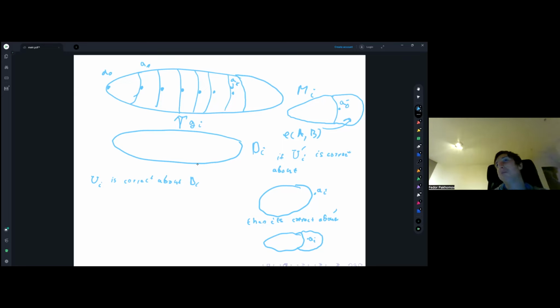If we see some incorrectness, furthermore, I not only want UI to be correct, I also want DI to be correct. I also want these choices of AJs to be in some sense minimal. So I have some order on Henkin constants, and I want each next AJ to be least possible.